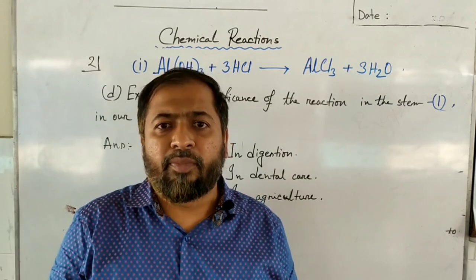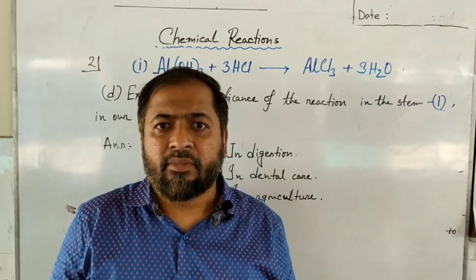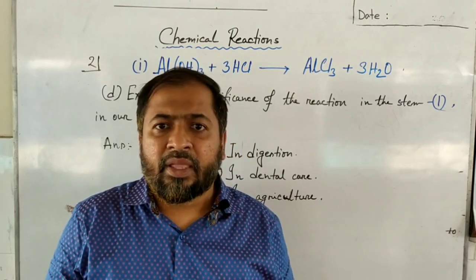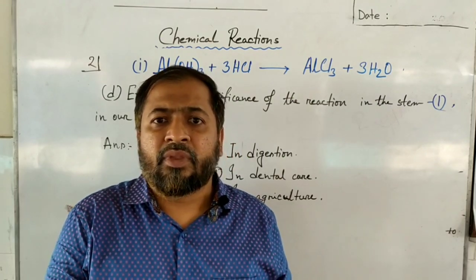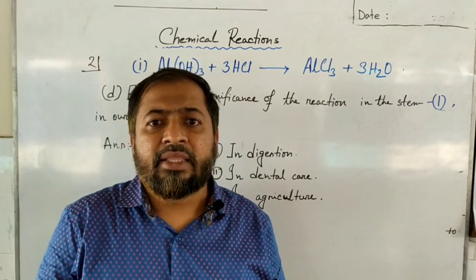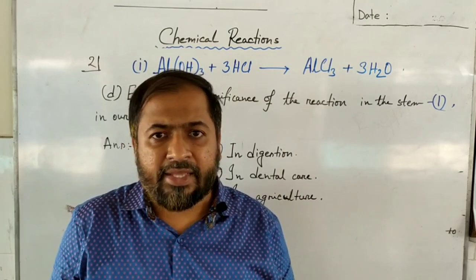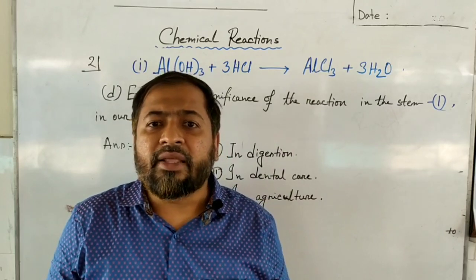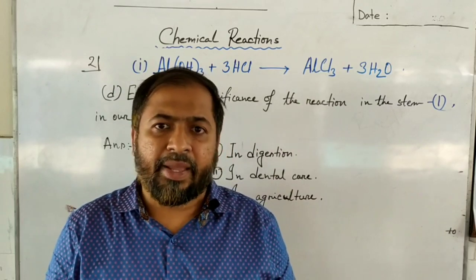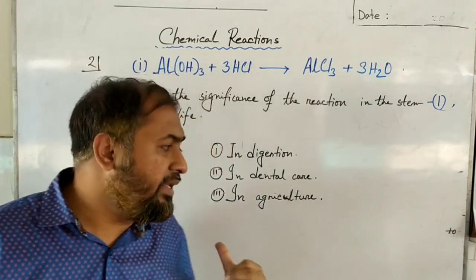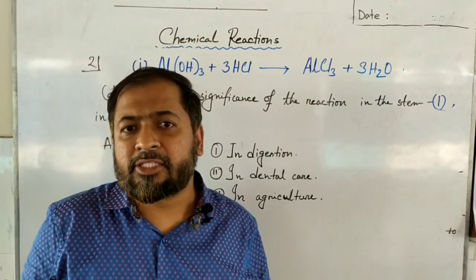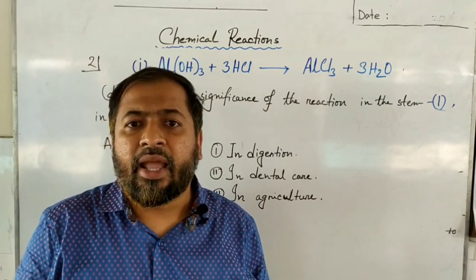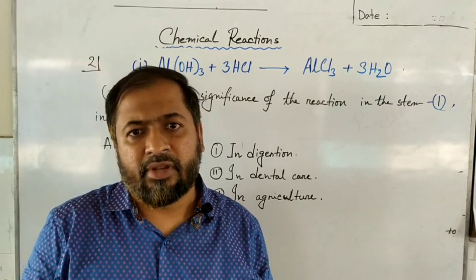To neutralize this problem, we add lime, which is calcium oxide, and that instantly neutralizes the excess amount of acid in soil, and in the long run the fertility of the soil comes back. So these are the three contexts where we explain the neutralization reaction and the importance of neutralization reaction.